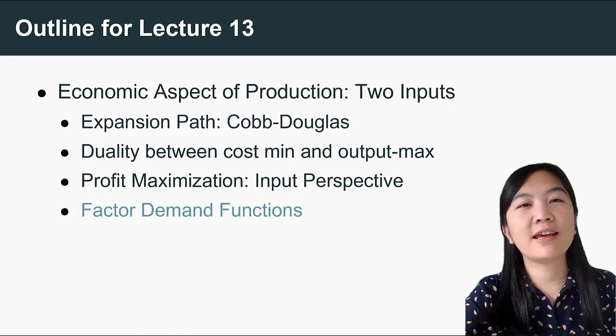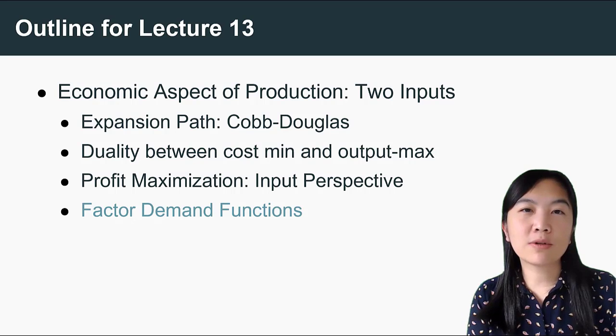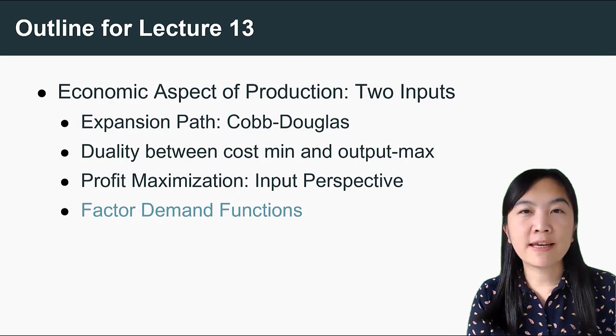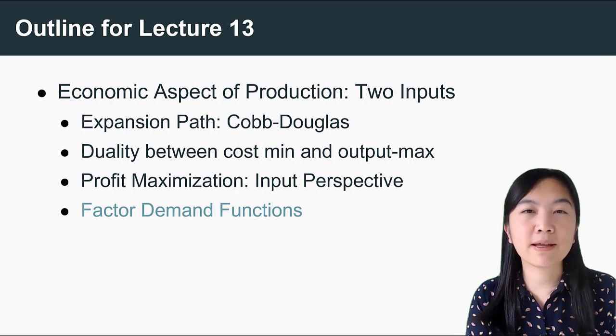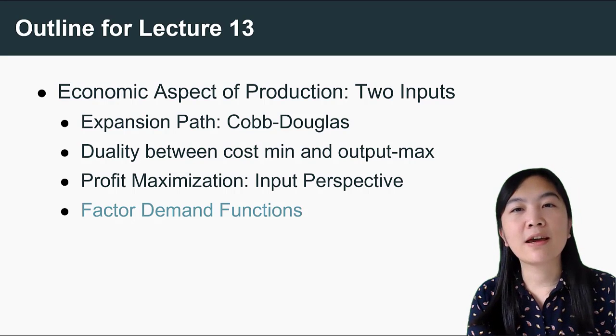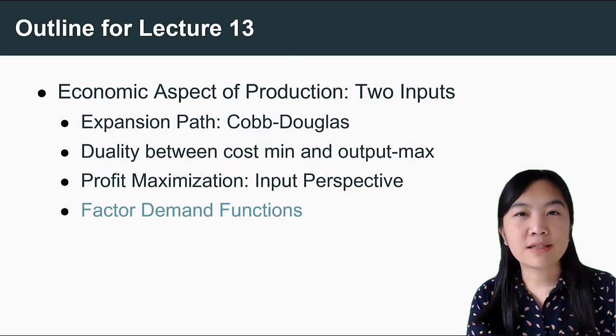The plan for today is to first finish our example of the expansion path for the Cobb-Douglas function. After that, we will explain the duality relationship between cost minimization and output maximization. When we get there, I will explain what the duality means.